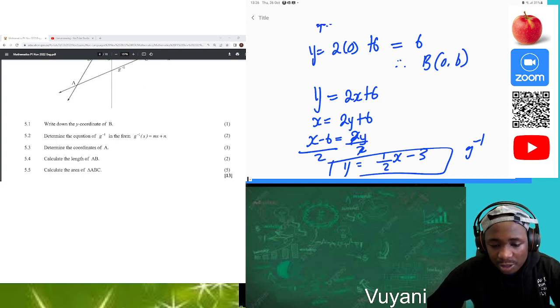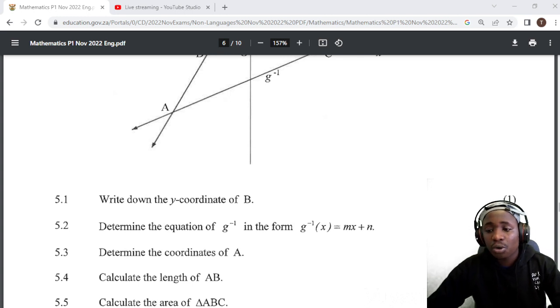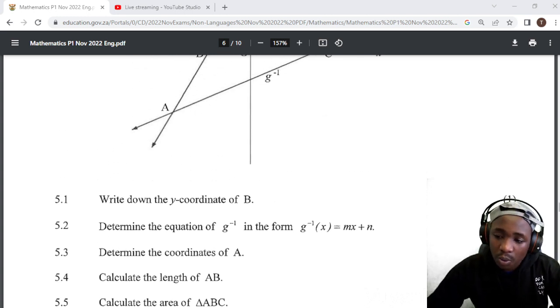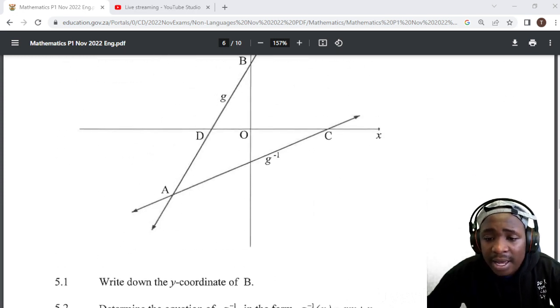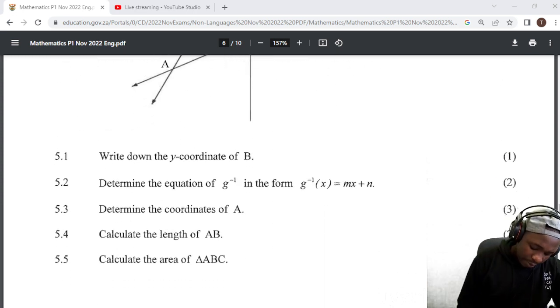So we're just solving for the inverse function. That shouldn't take much time, because the first thing we do is exchange x and y, then solve. Determine the coordinates of A. A is the point of intersection, in other words, where g of x is equal to g inverse of x. Our g of x is 2x plus 6 and our g inverse is 1 over 2 x minus 3.